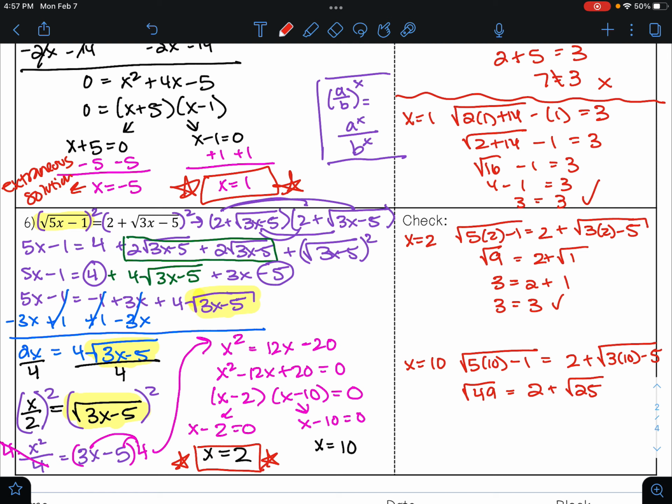The principal square root of 49 is 7. And the principal square root of 25 is 5. 2 plus 5 is 7. 7 equals 7, so 10 is also a solution.